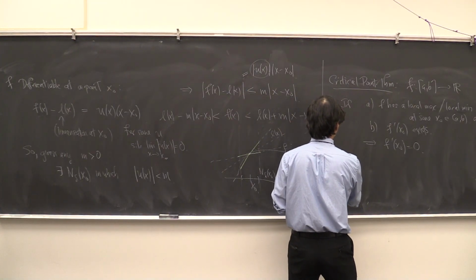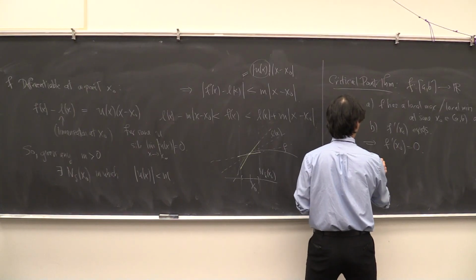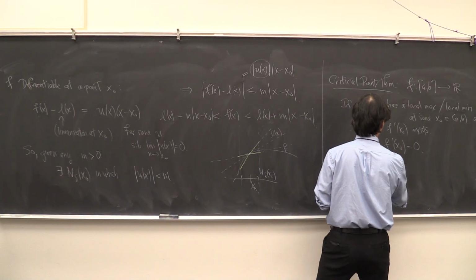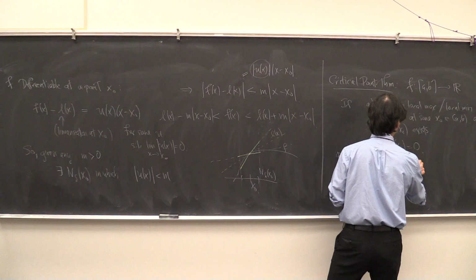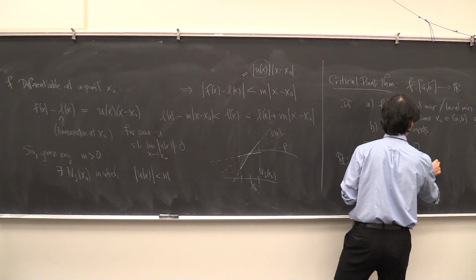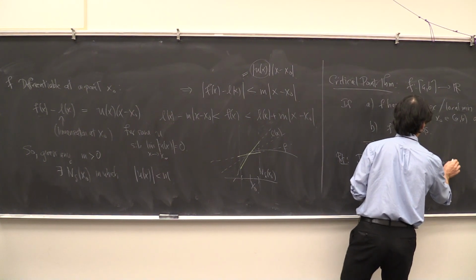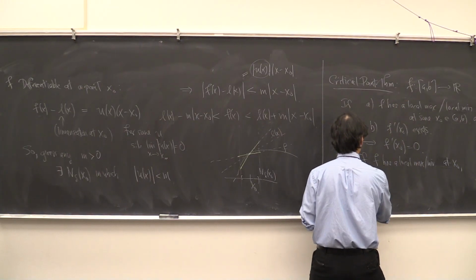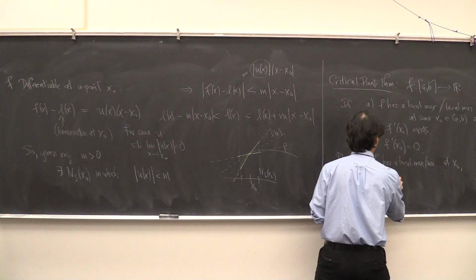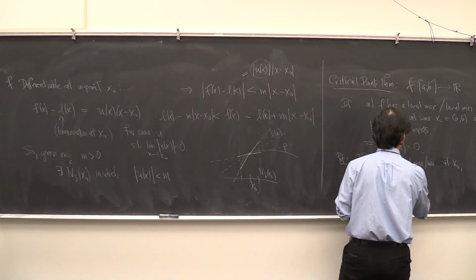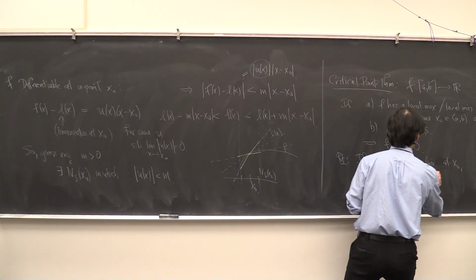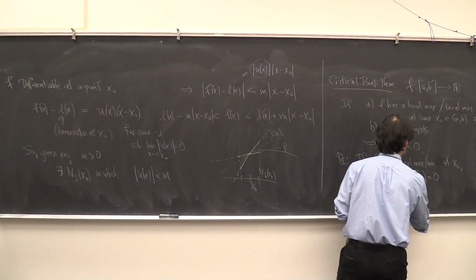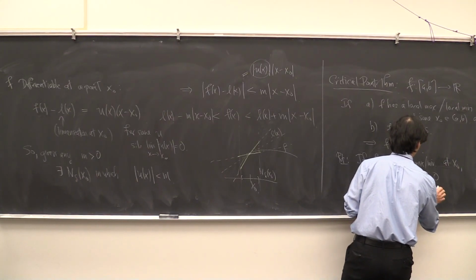Of course, if f has a local max or min somewhere, at some point x naught, then either the derivative is 0 or the derivative doesn't exist.